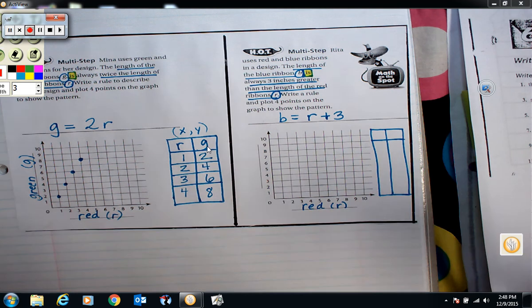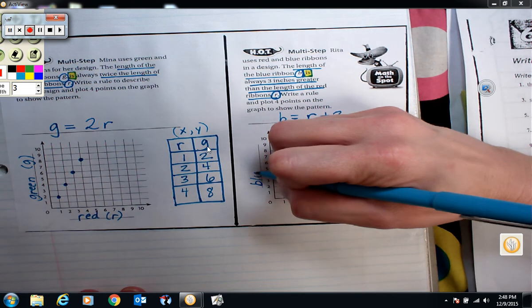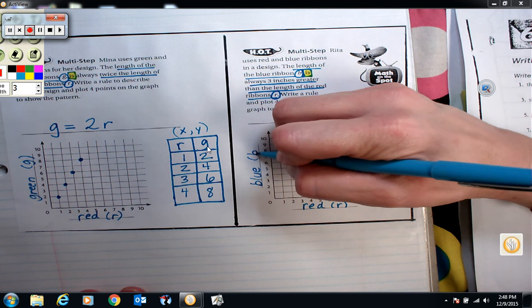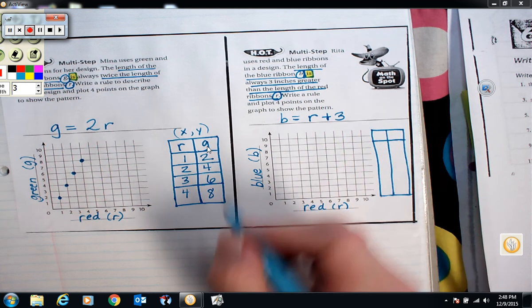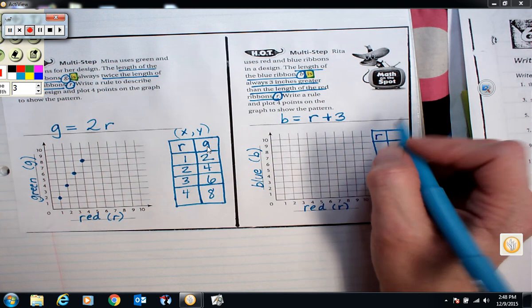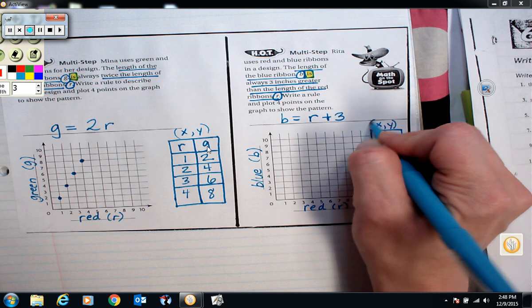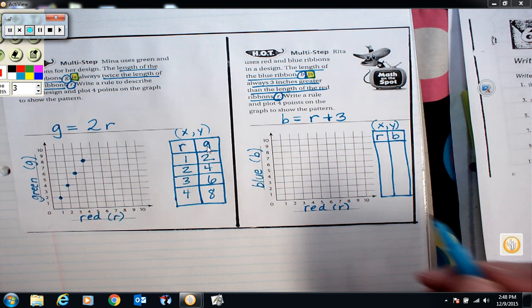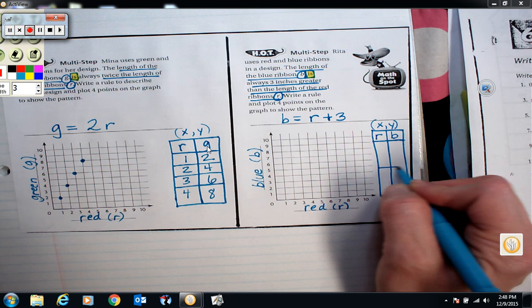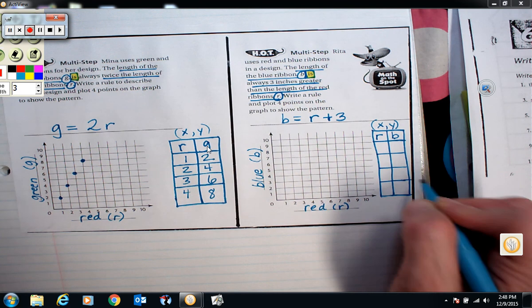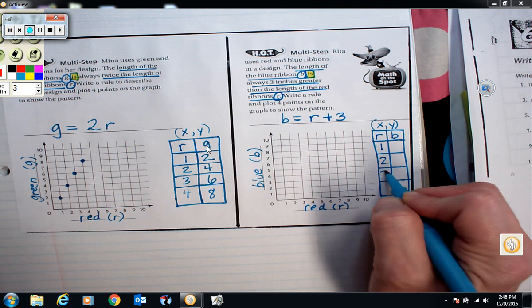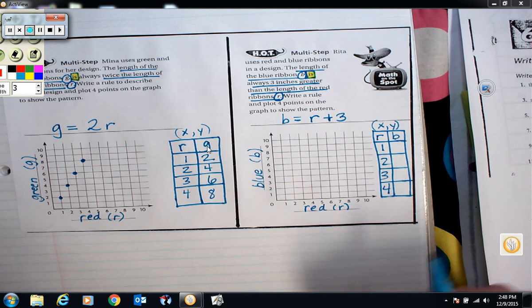And then blue is going to be my y value because it's the output, and the output always goes on the y-axis. So I'm going to put red here and blue here. And we need to again find 4 points to graph. So we're going to start with 1, 2, 3, and 4 for R.